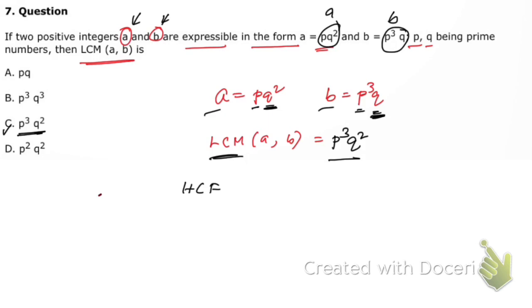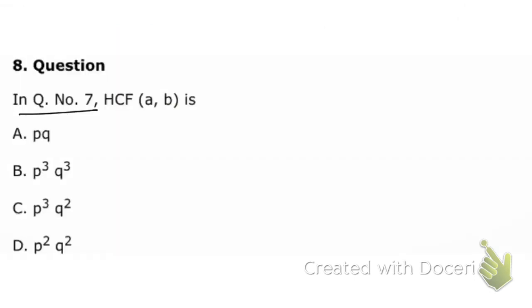Here you see p q square, and here we have p cube q. So the lowest power of p is only p, and q to the power 1 is the lowest power of q, so the ACF is going to be pq. So here A is the answer, right?